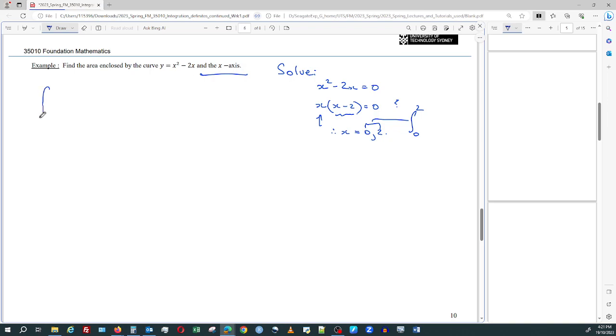So the integral of 0 to 2 of x squared minus 2x dx. So it'll be up and under x cubed over 3 minus 2x squared over 2, they'll cancel, and that'll be between 0 and 2.